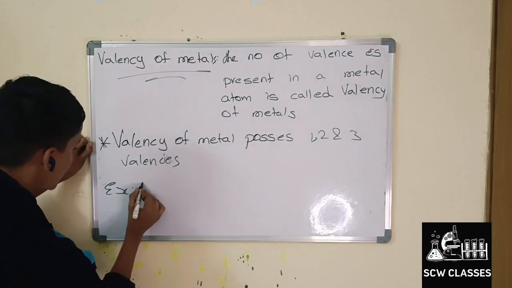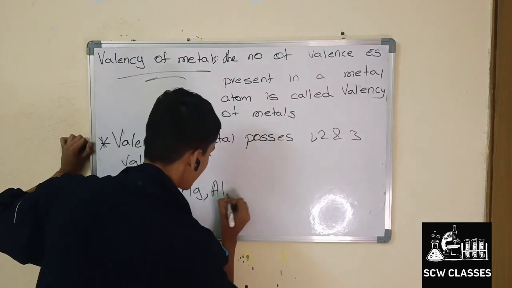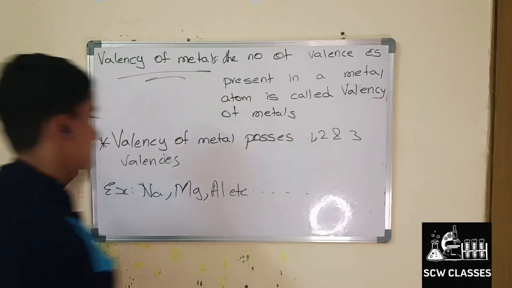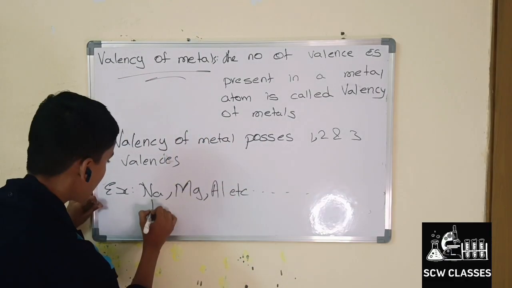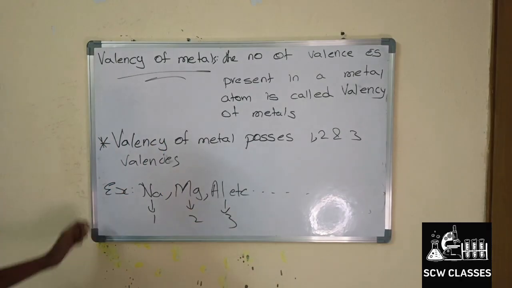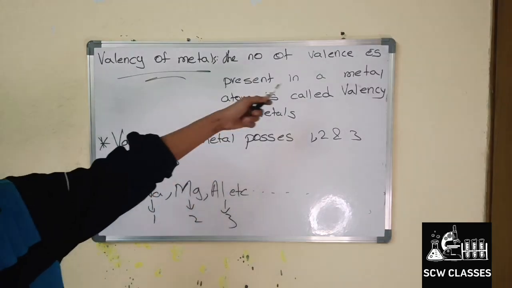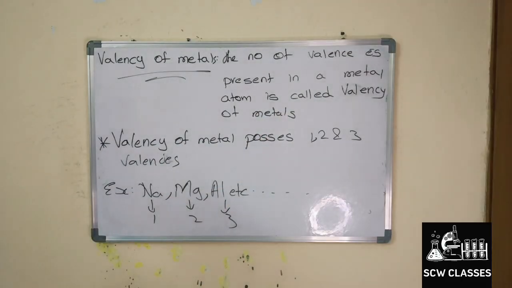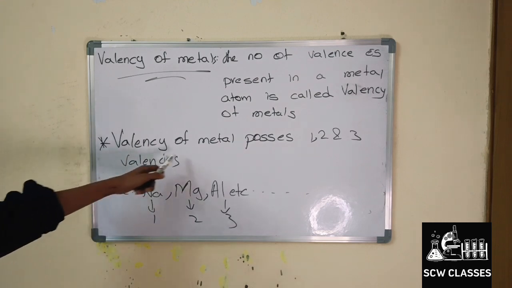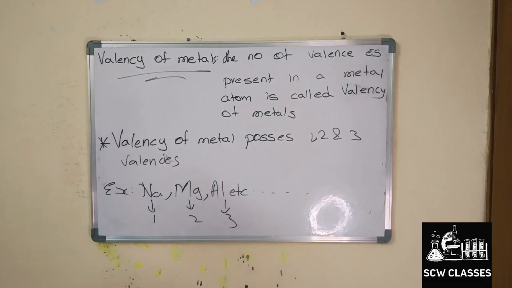Example: sodium, magnesium, aluminium, etc. Sodium valency is 1, magnesium 2, aluminium 3. Clear? So the valency of a metal is equal to the number of valence electrons present in the metal atom, and metals possess valencies 1, 2 and 3.